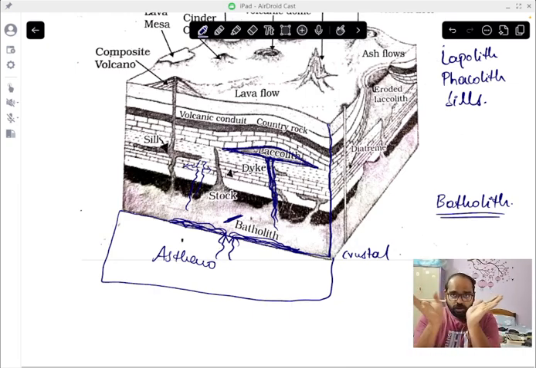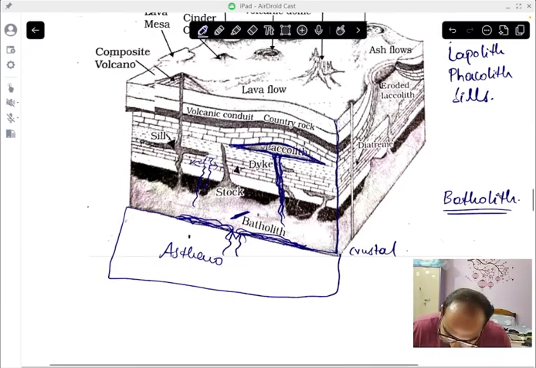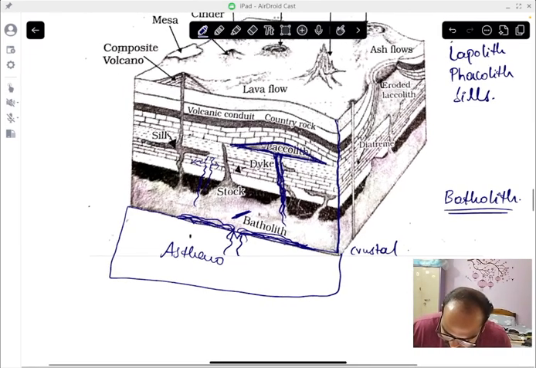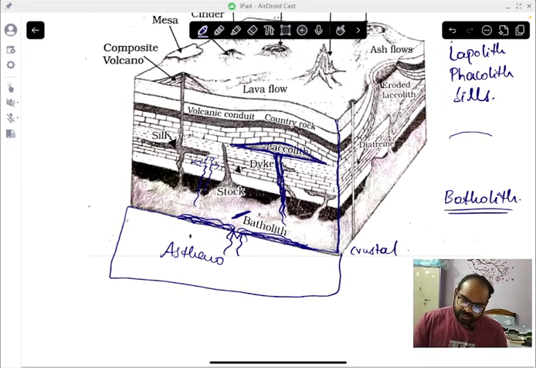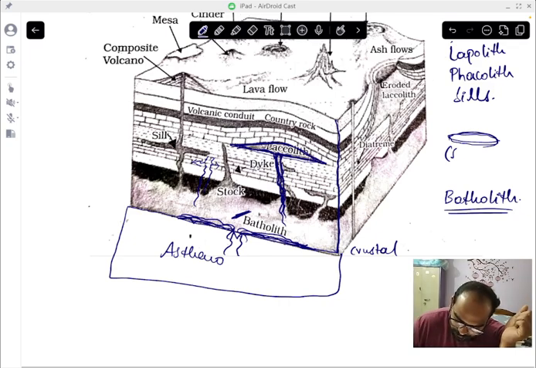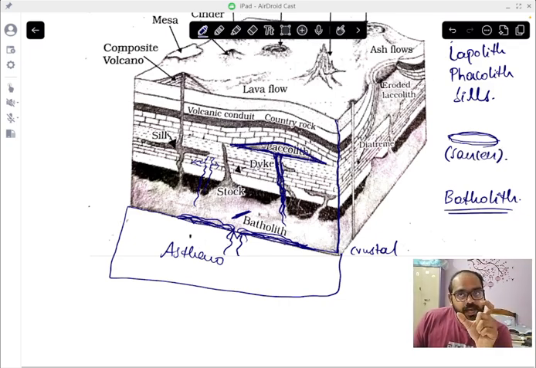Whenever it travels in a horizontal way and develops into a saucer shaped structure like this, it is called lapolith. Whenever magma travels horizontally and develops into a saucer shape, it is called lapolith. A saucer shaped structure inside of the earth is associated with lapolith.